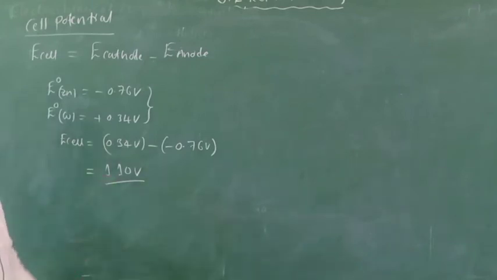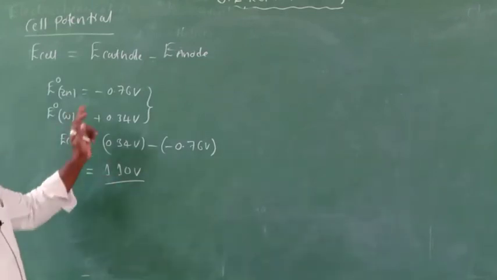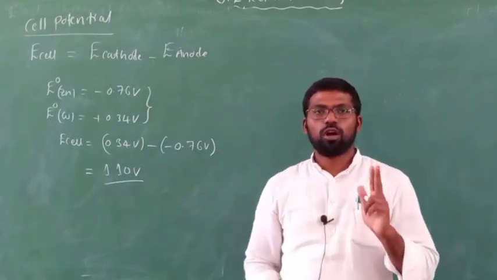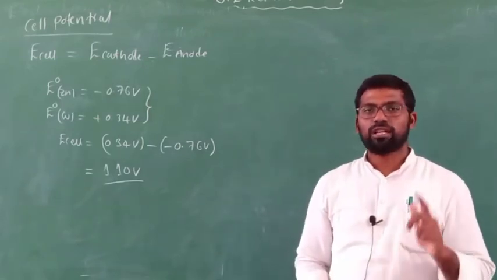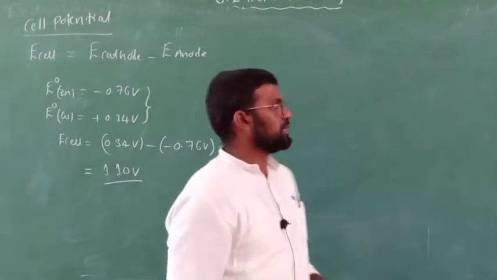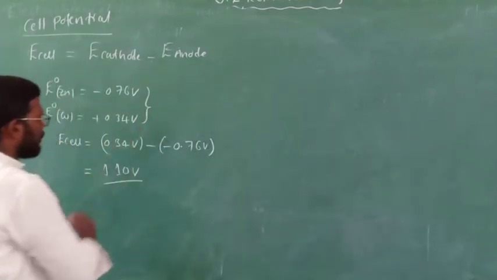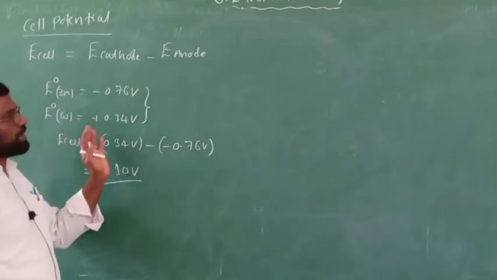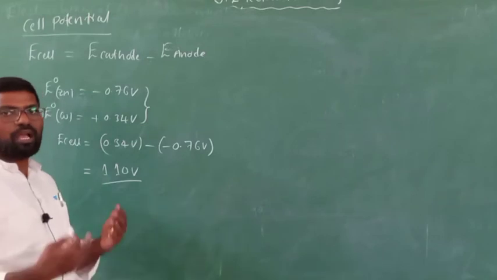Cell potential can be easily determined if you know the half cell potentials. Generally in board exams, two half cell potentials will be given and you are asked to find the total cell potential. Then you can easily calculate using this formula. Some students are confused about which one is the anodic potential and which one is the cathodic potential.